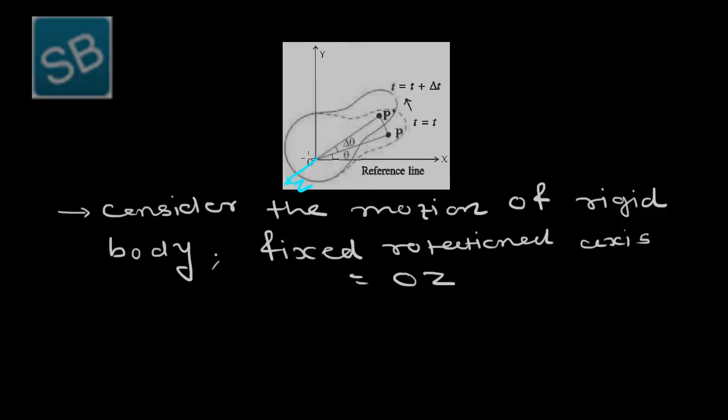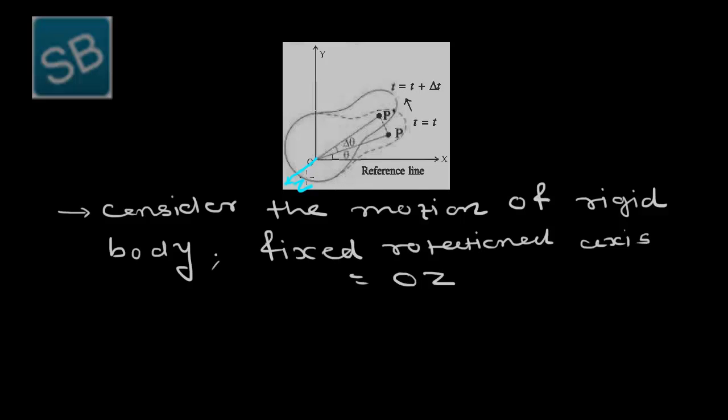See, it is also perpendicular to OX and also perpendicular to OY. Here we have considered the particle at time t equals t, and after a time interval delta t, means at time t equals t plus delta t, as shown in this figure.